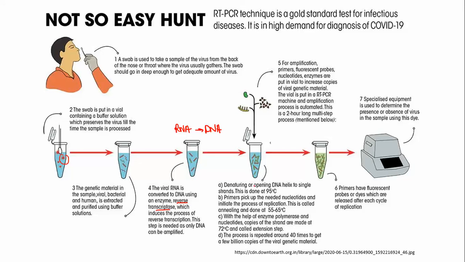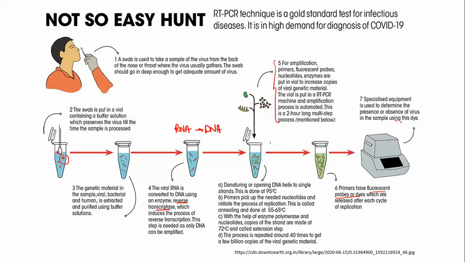Then you're going to run a PCR to amplify the DNA that's made. This is something that you can actually do in an RT-PCR machine now. And then the primers that are on there have fluorescent probes or dyes so that you can visualize them.